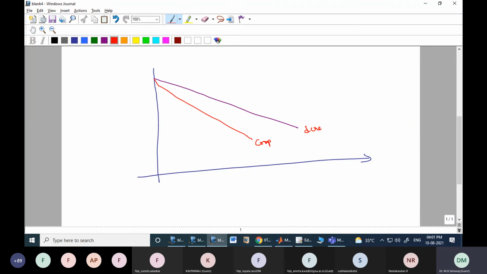So this axis is 0, 5, 10, 15, and so on, and here it is 10 to the power of 0, 10 to the power of minus 1, minus 2, minus 3, minus 4, like this. I want to operate my SNR at 15 dB only. I am rigid. Whatever may be the case, the SNR at which I can operate is only 15 dB.